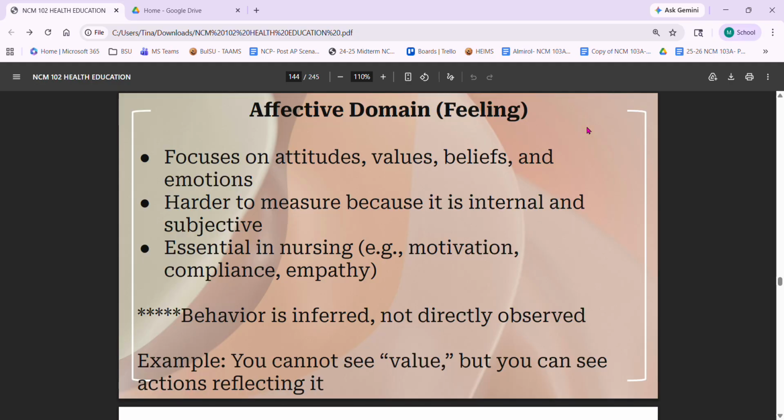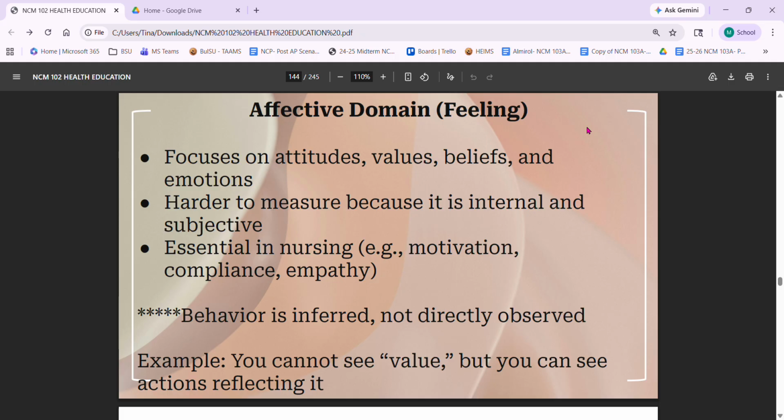Now, let's go to your affective domain or the feeling part. Okay, focus on attitude, values, beliefs, and emotion. So, harder to measure siya because it is internal and subjective. So, essential siya sa nursing. Example, yung motivation, compliance, and empathy. Now, we need to remember that behavior is inferred, not directly observed.